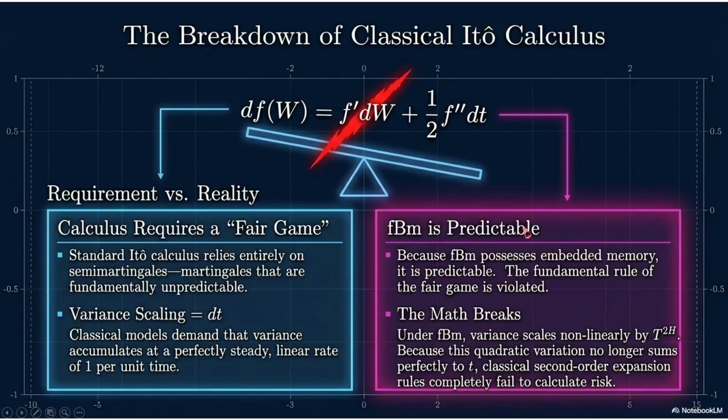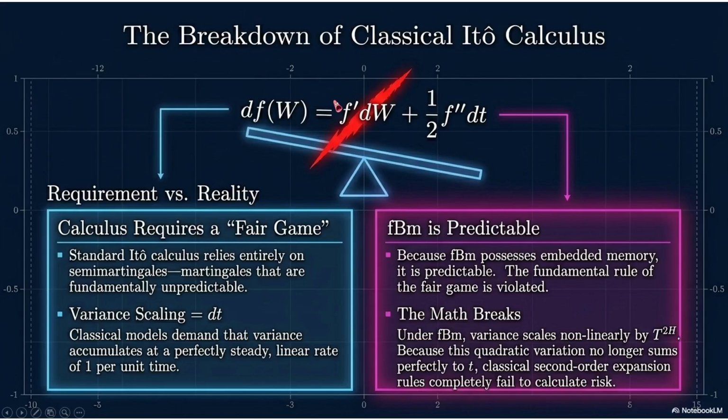Now, this is where things get a bit more complicated for quantitative finance, because in reality, H, the Hurst exponent, is not 0.5. So the classical Itô calculus completely breaks down here, because standard calculus, represented by the crossed-out formula here, absolutely requires a fair game.